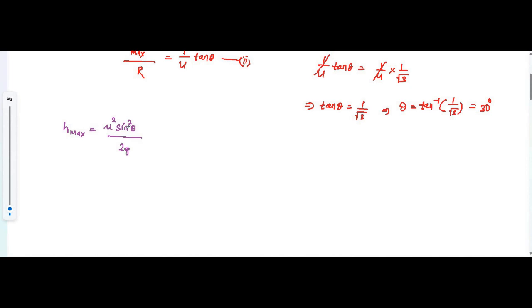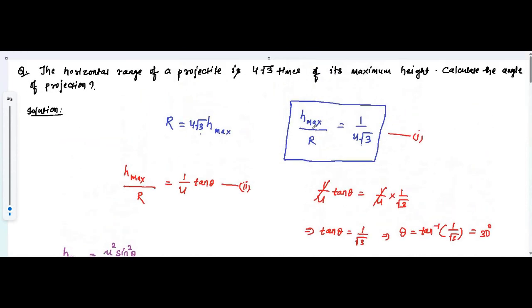Okay, and horizontal range is equal to u square sine 2 theta by g. Okay, so here it is given, up to this it is the same, H max by R is equal to 1 by 4 root 3.